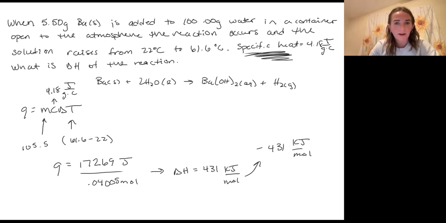And we divided by barium again, because we need delta H units, not Q units, and that's in kilojoules per mole. Yeah, so a good question came in. Someone said the solution was rising, and that is considered our surroundings. So that's why that changes.